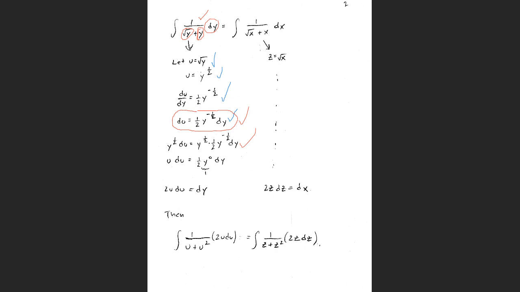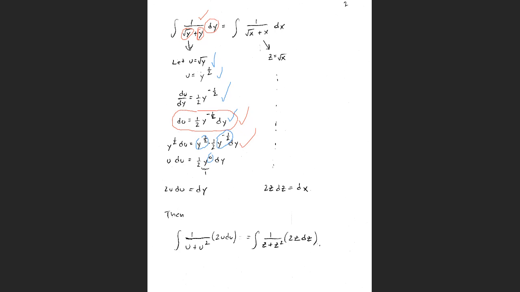Now, how does that help me? Well, look on the right side. I want to get dy alone, by itself. y to the half times y to the negative half: the base is the same, so you add the exponents. That gets you y to the 0th power.